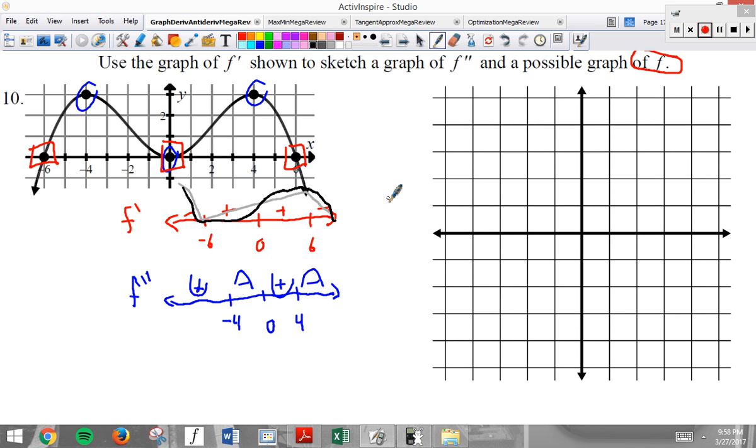It needs to have a rel min. It has to have a rel max. And in fact, 6 is off the chart, so I'm going to go by 2s. Okay, so that's -6.